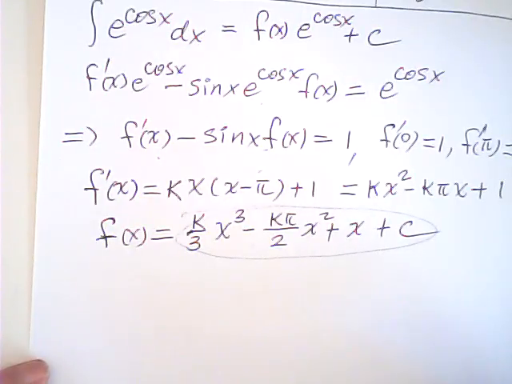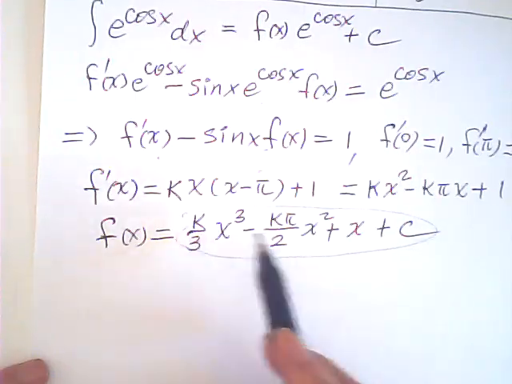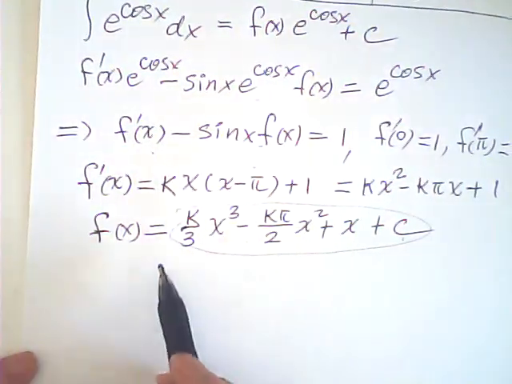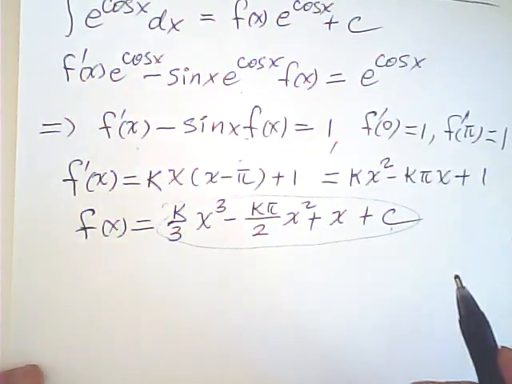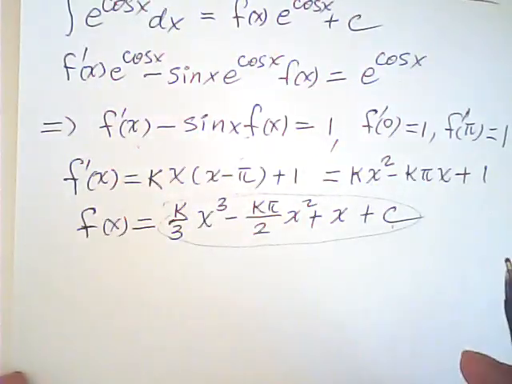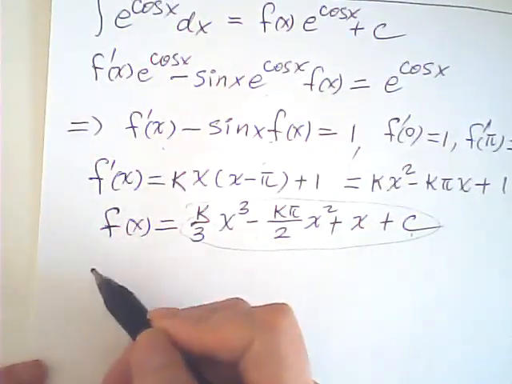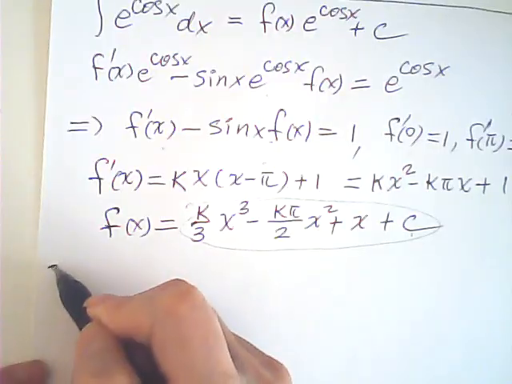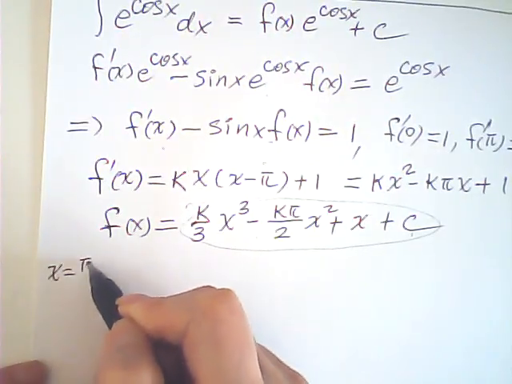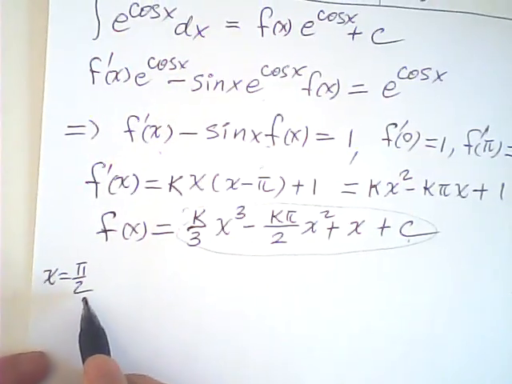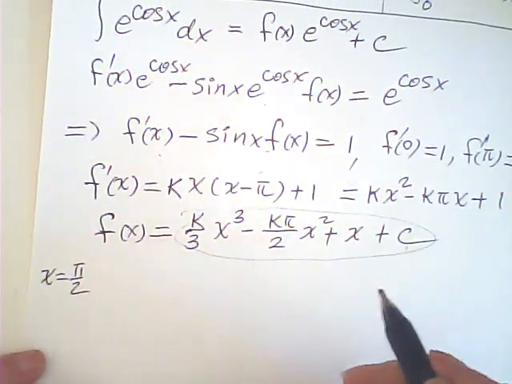Then we want to find k and c. For two unknowns, we must create two equations. So how about we let x equal half pi, then we get one equation.